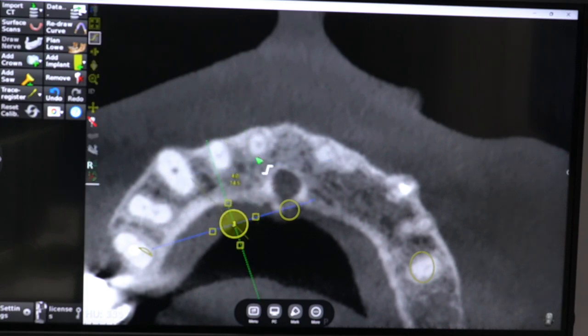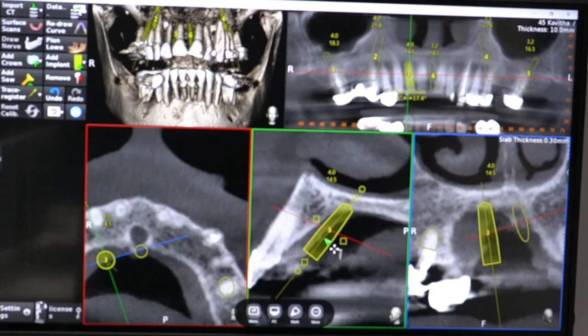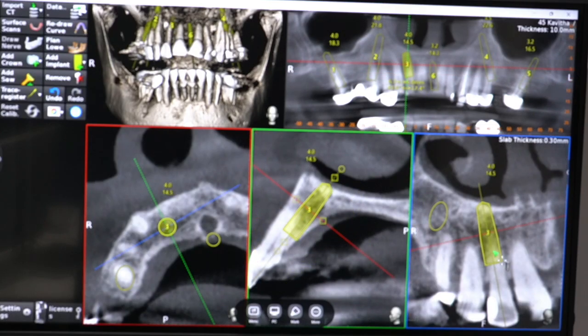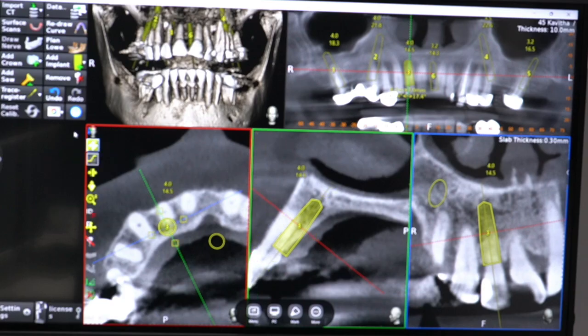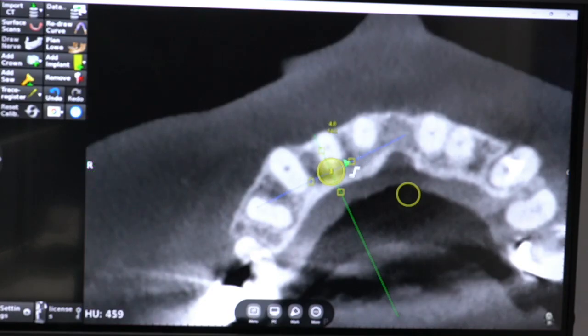So if you see the right side, there is enough island of bone palatally, but here there is very less island of bone palatally. So these are challenging situations to place an axial implant on this side.